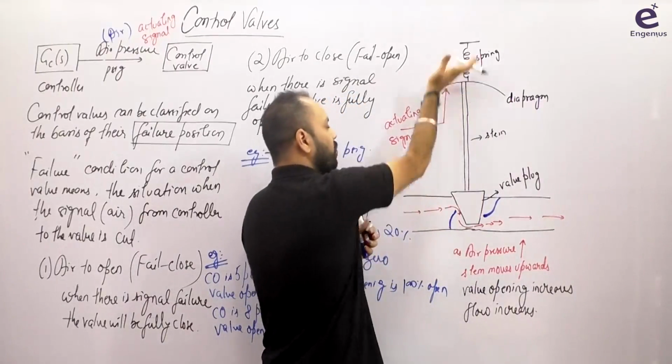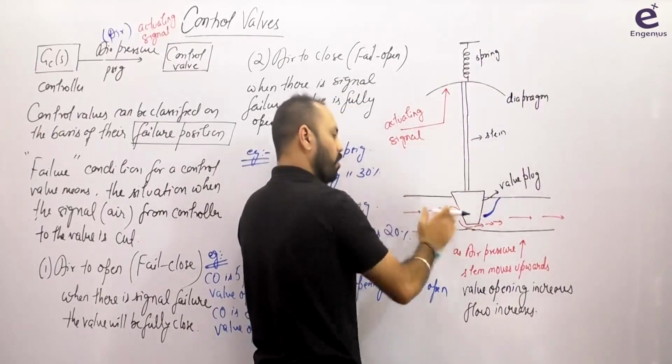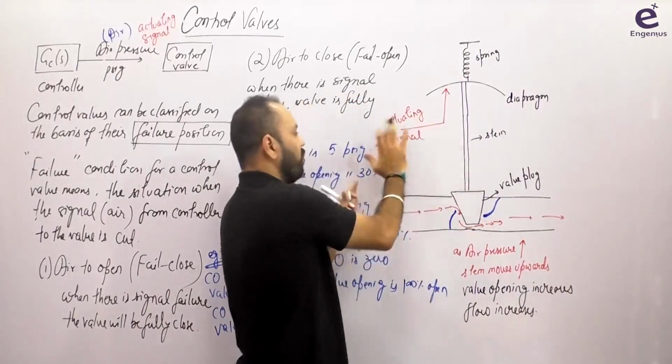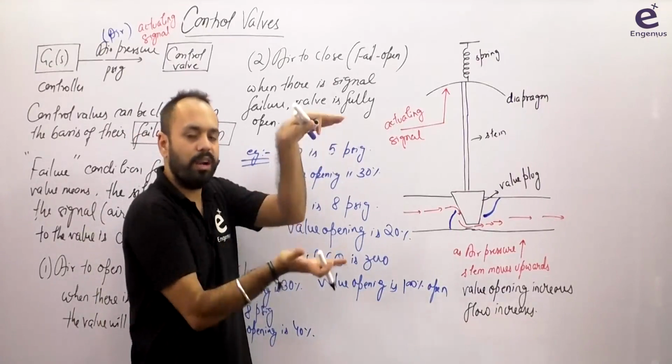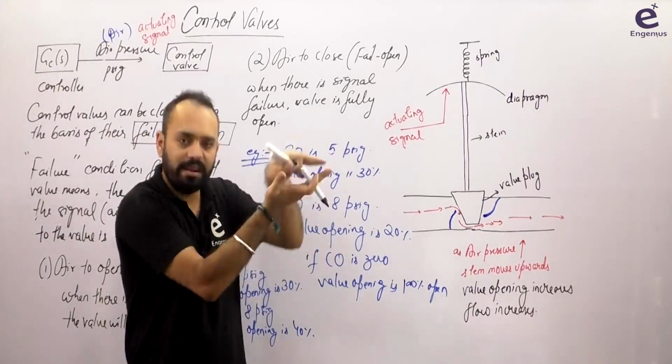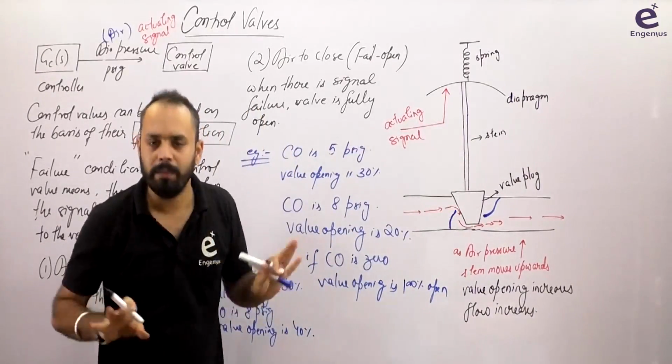Then if the valve rises upwards, the spring will be compressed and this plug will rise upward, there will be more flow. But suppose there is no signal, the signal is cut. If the signal is cut, the spring will restore its original position. The spring will regain its original position and this space will be completely blocked. The flow will be completely stopped.